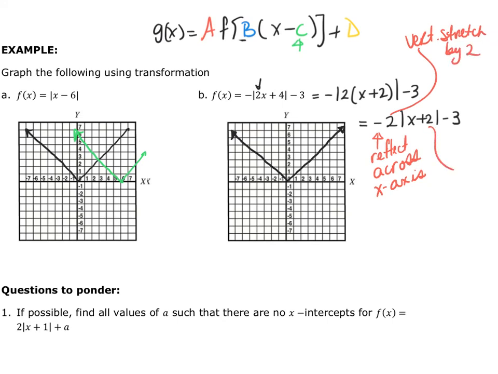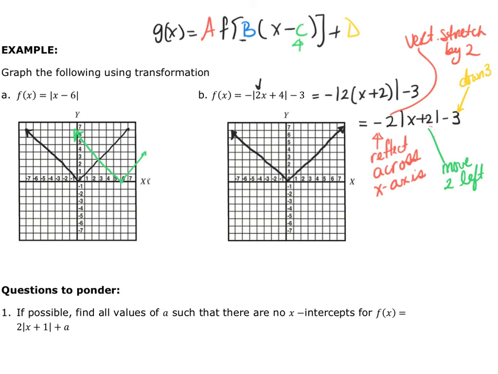This 2 right here is a horizontal translation. So that 2 means we're going to move to the left. And then this negative 3 means we're going to go down 3.